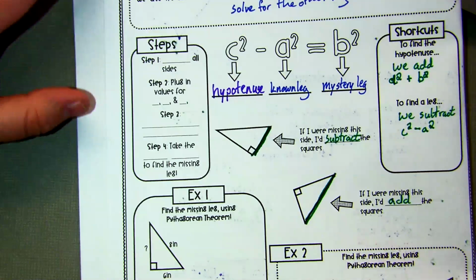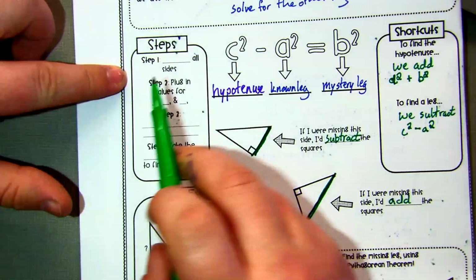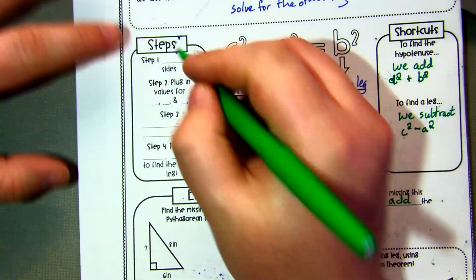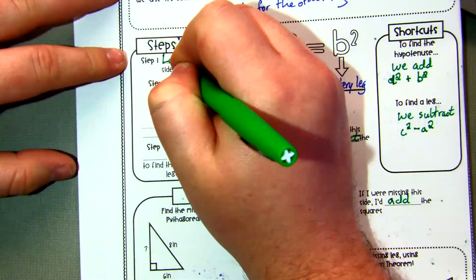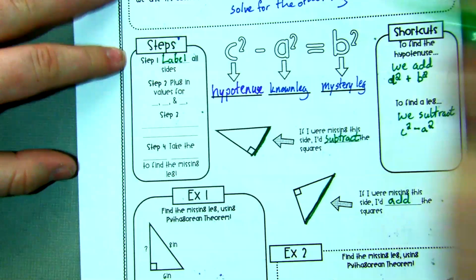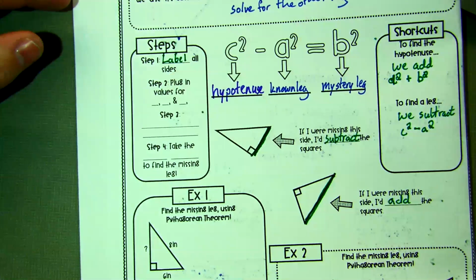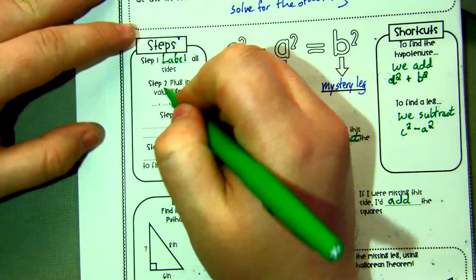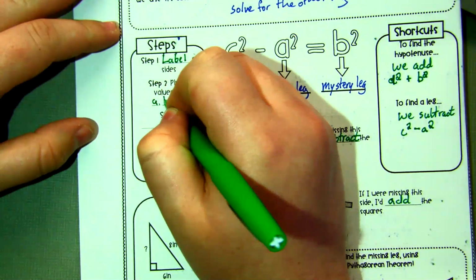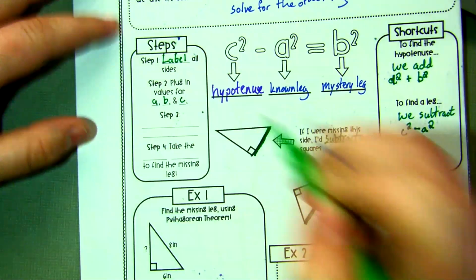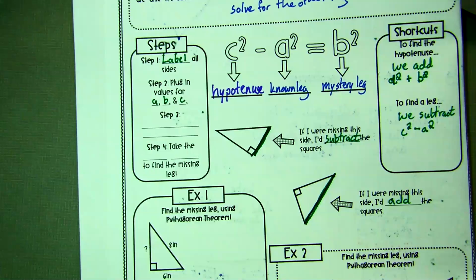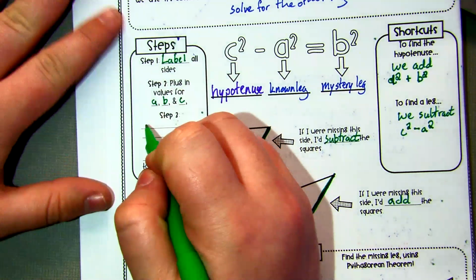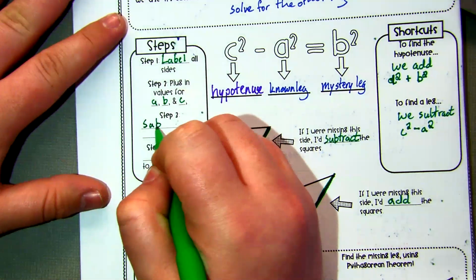All right, filling in our steps off to the left here. Just like last time, we are going to label all sides. Then we're going to plug in values for A, B, and C, just like last time. Step 3, we're going to subtract. This is where our big difference is.